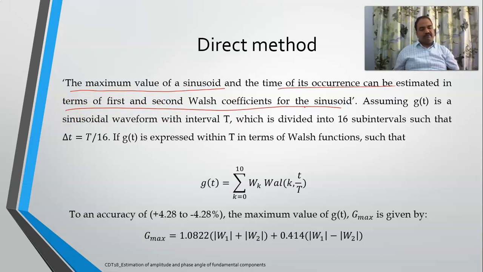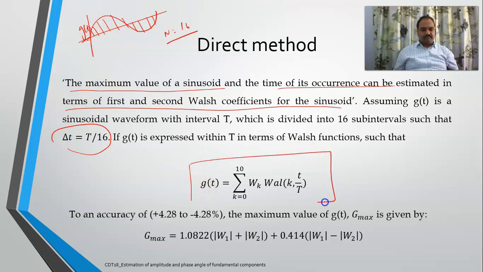So based upon that, if there is any signal g of t and it is a sinusoidal signal, divided into, let us suppose, n number of cycles. Let us suppose n is equal to 60 subintervals, so delta t is equal to T by 60. If this g of t is expressed in terms of Walsh coefficients, this is the representation.